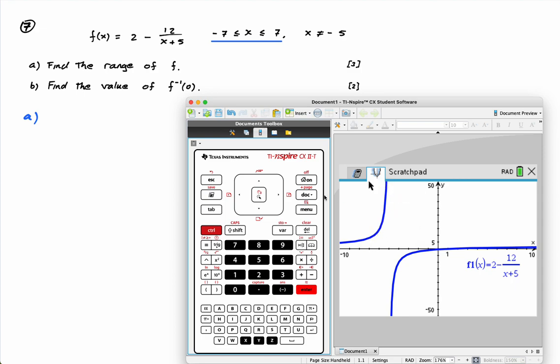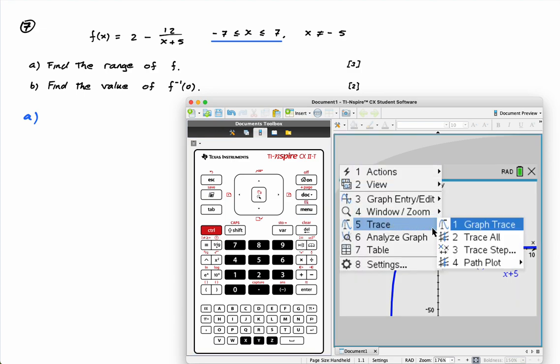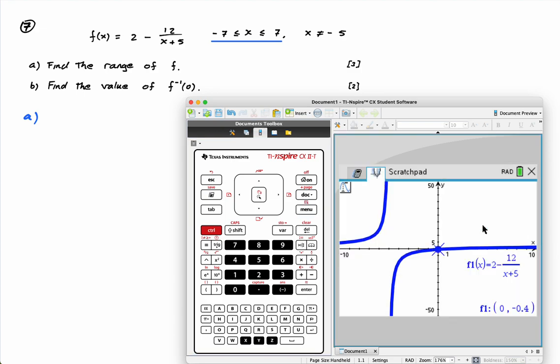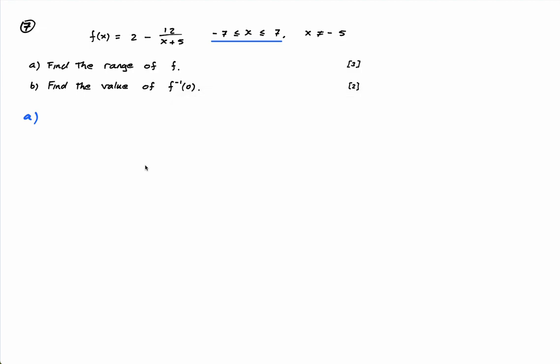So I need to first get what is f of -7. So I'm going to graph trace, type -7, and I get this value 8. I'll write this down for some working. f of -7 equals 8.